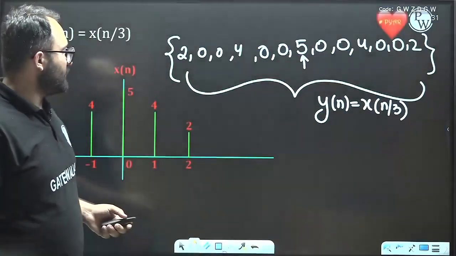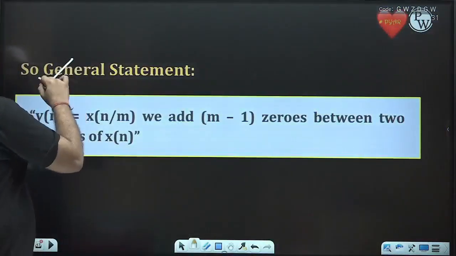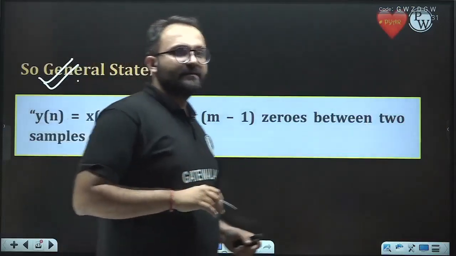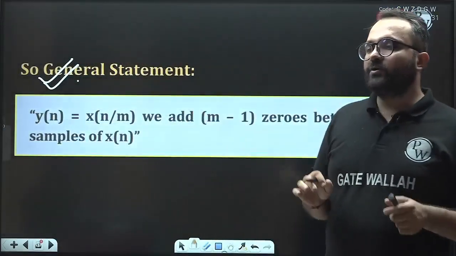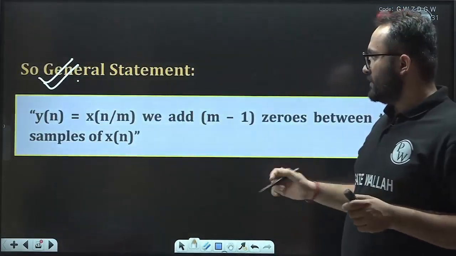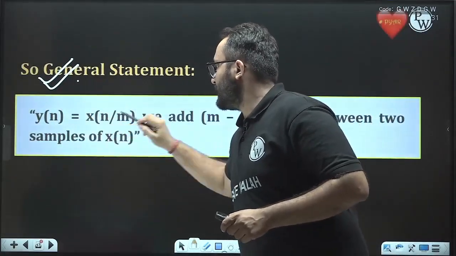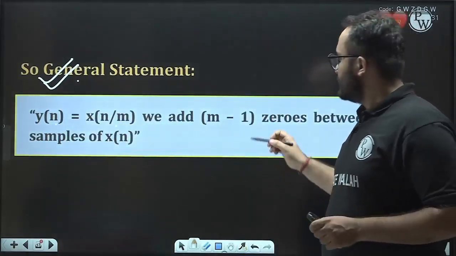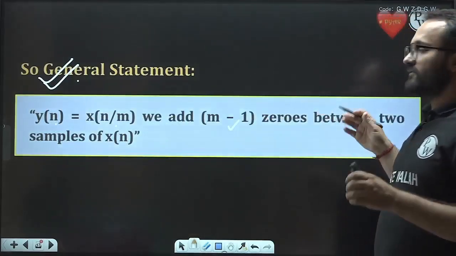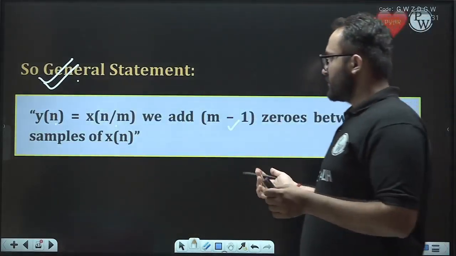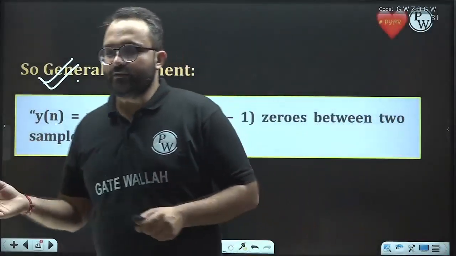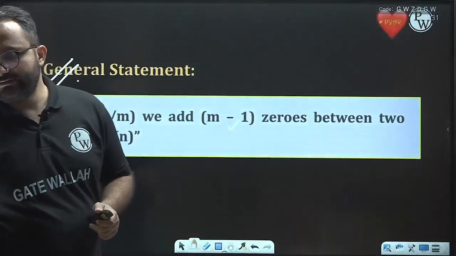Simply remember this general result: in case of yn equal to x of n by m, we add m minus 1 zeros between the two samples of xn. This is called interpolation. I hope all of you are able to understand this.